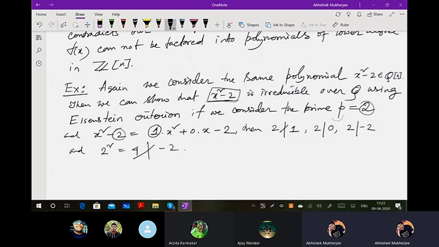So we have chosen a prime which satisfies all the conditions stated in the theorem for this given polynomial.